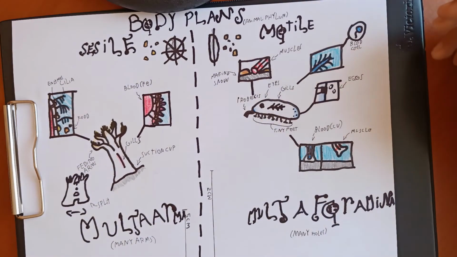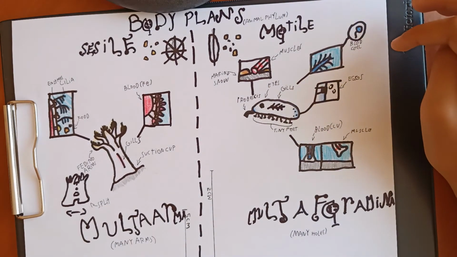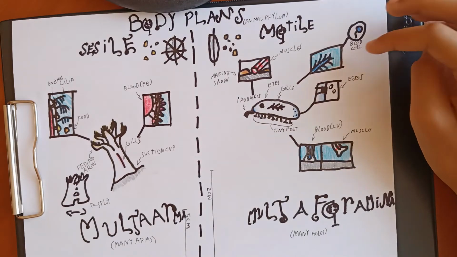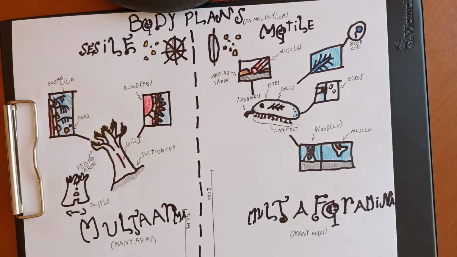And the gills are an extension of the, let's say, blood bag, and it's a feather-like structure which can be moved, and it collects oxygen.